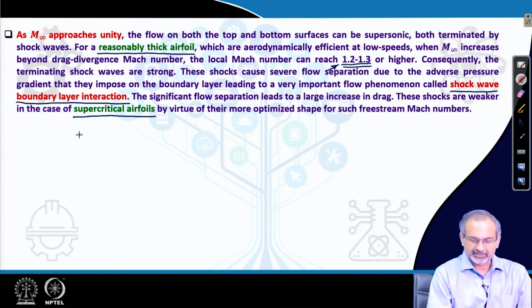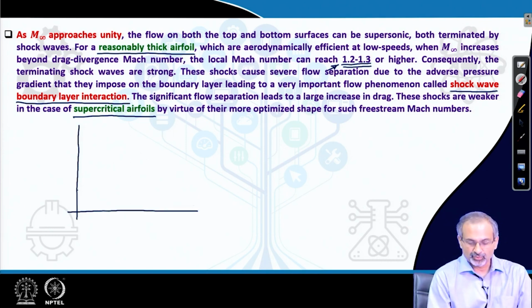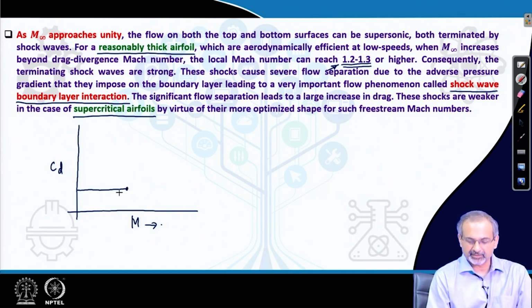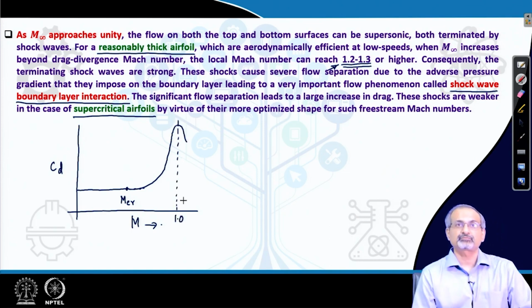Let us make a simple sketch to explain further about how the drag increase really happens. Let us say we plot the drag along the y axis and the Mach number along the x axis. So, the drag is more or less constant up to the critical Mach number and slightly beyond, and then it starts growing quite rapidly, very sharply, and then it reaches a kind of a pinnacle before it starts dropping, and that is going to happen at a free stream Mach number of about 1.